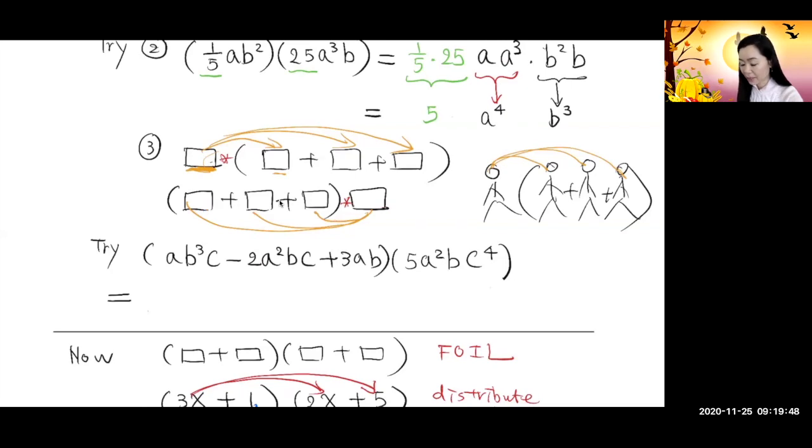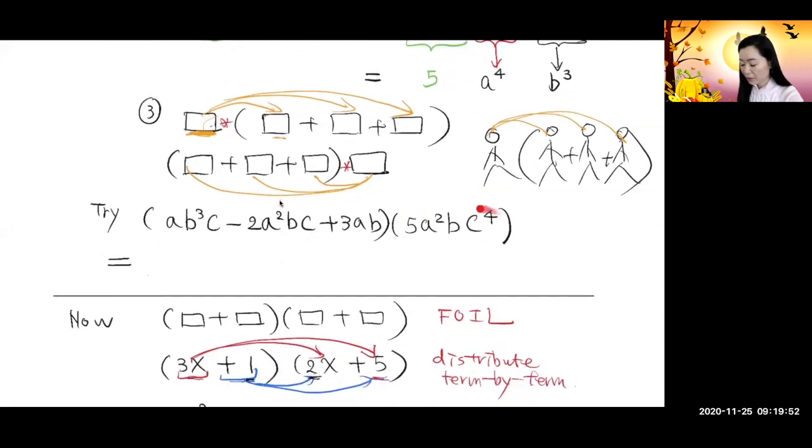Now, this is one example. This is one single term, so it's a monomial, and inside here is a trinomial. It has 3 terms. I'm going to take this monomial and distribute, taking turns to high five each term inside the parenthesis. So this one times this one. Let's try to do it together. You guys can shout out the answer.